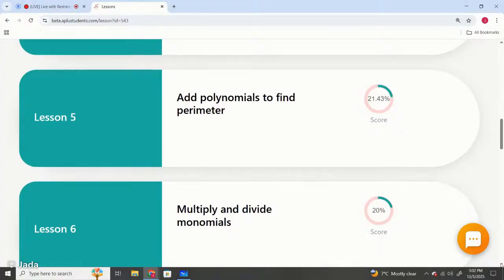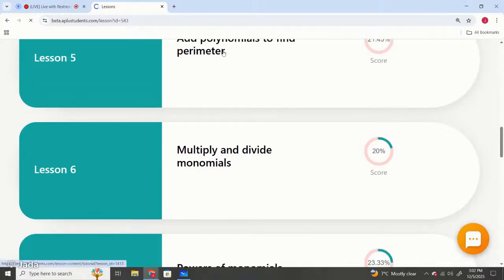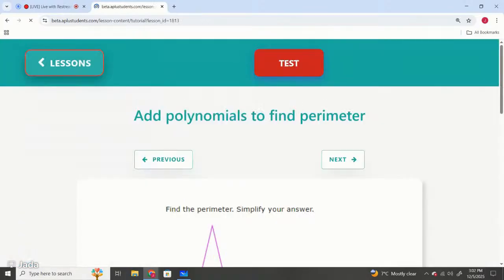Let's start with the lesson that is add polynomials to find perimeter.